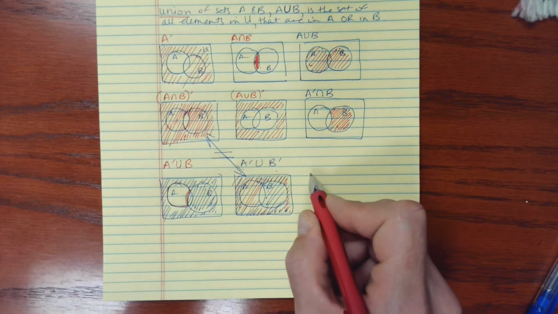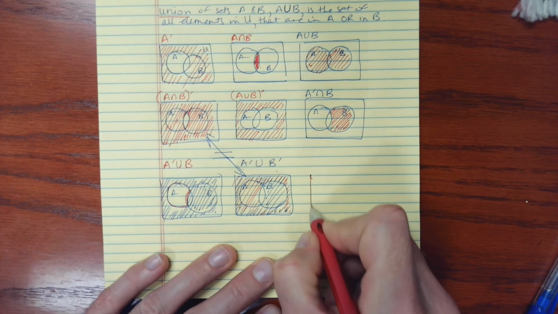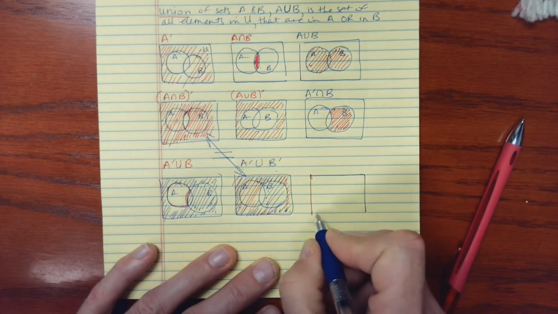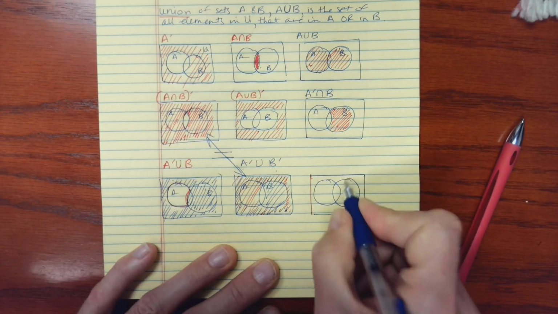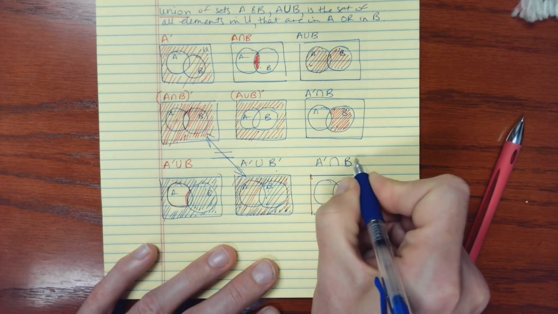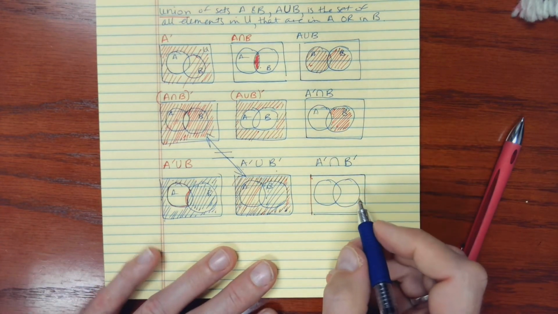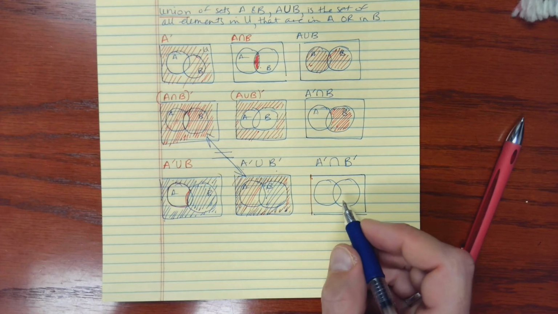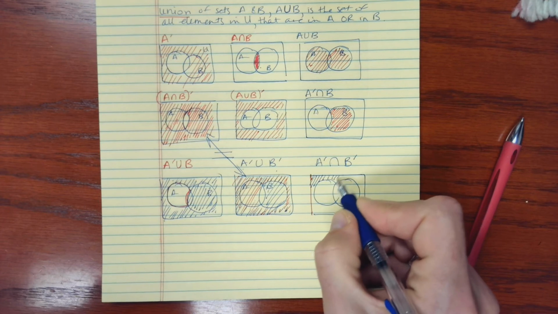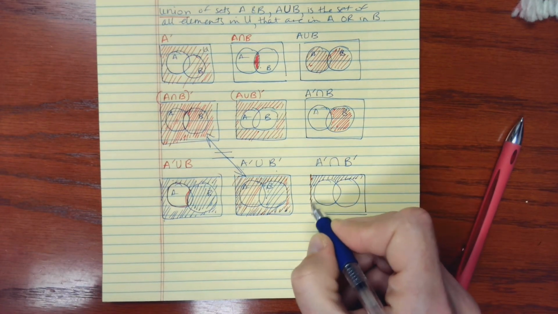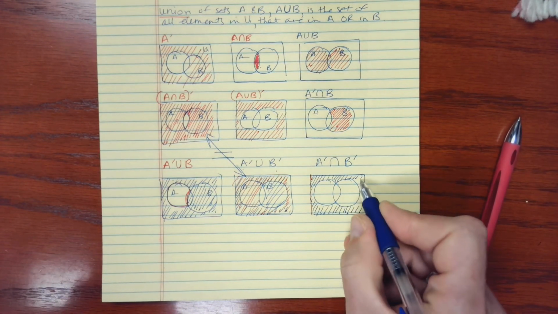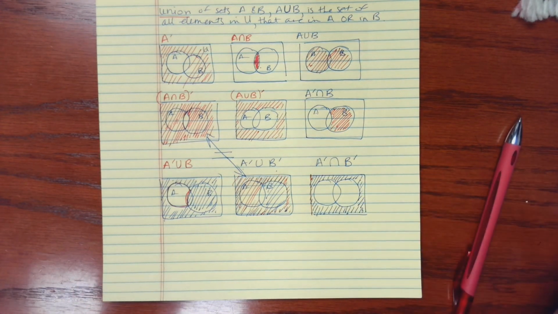All right, and then let's do, let's see, that was the union, and let's also do the A complement intersect B complement. So that's the overlap, and so that's this region here.